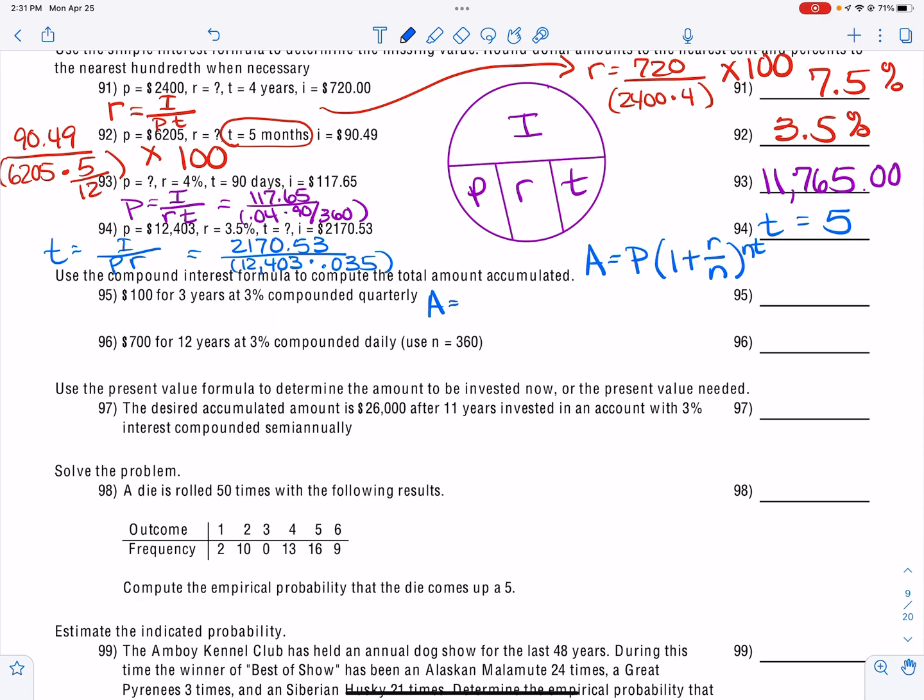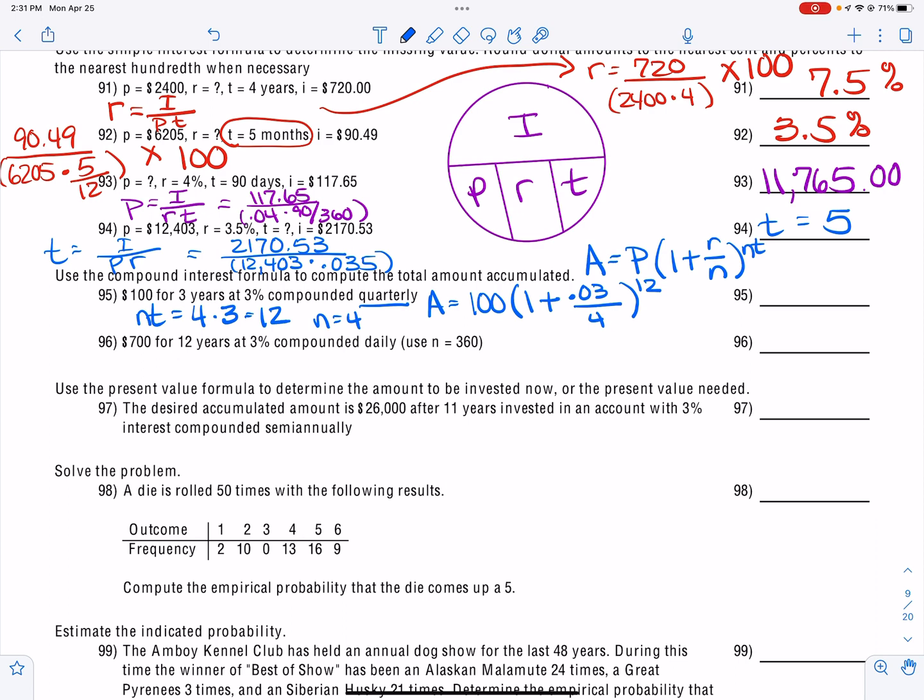I have my principal of $100, 1 plus my rate is 0.03 divided by my n, and n is 4 since it's compounded quarterly, and it's raised to the n times t power, which is 4 times 3 years, or the 12th power.